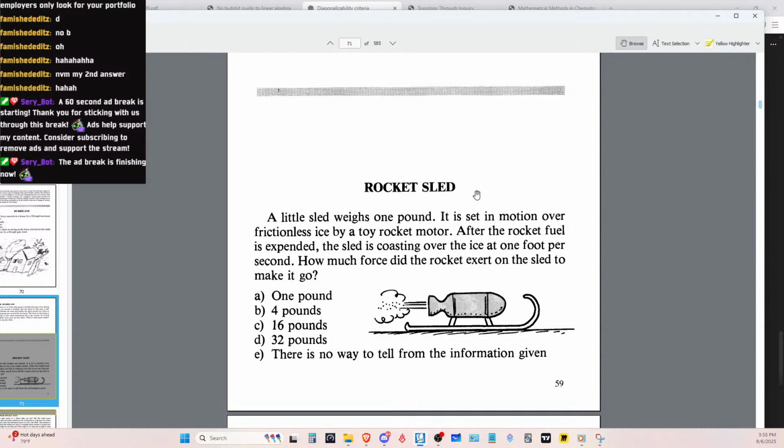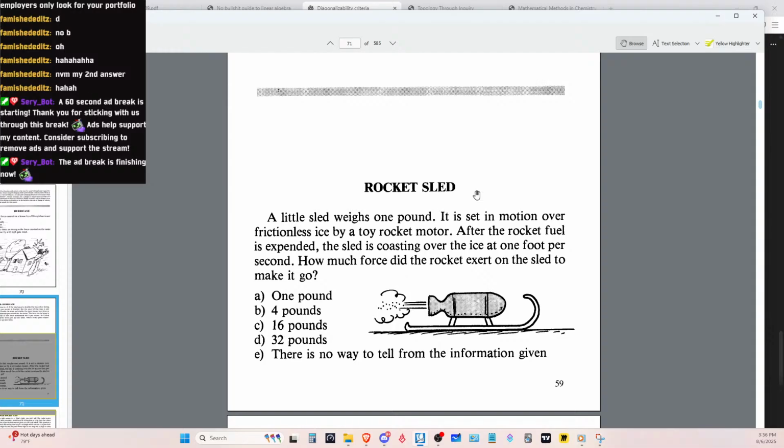A little sled weighs 1 pound. It is set in motion over frictionless ice by a toy rocket motor. Okay, so we're dealing with frictionless surfaces, so that makes it easier. After the rocket fuel is expended, the sled is coasting over the ice at 1 foot per second.